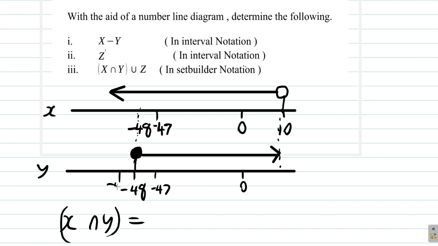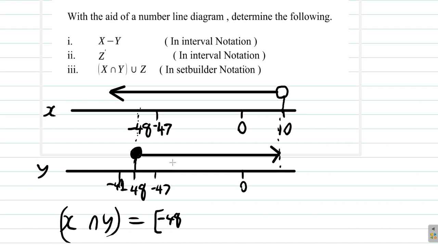Negative 49 would be outside of where y starts. Y starts from negative 48 going up. Negative 48 is included in y, and it would be a square bracket because it's included.